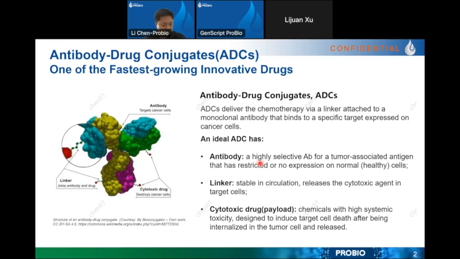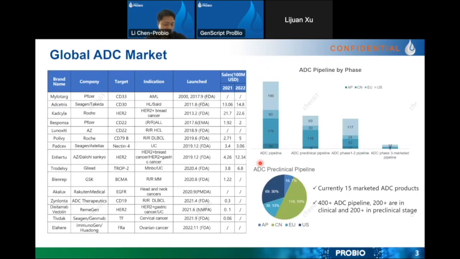Compared to traditional chemotherapies, ADC demonstrated unique features to avoid systemic exposure to the toxins, leading to fewer adverse effects. Currently, there are 15 ADC products that have been approved globally.